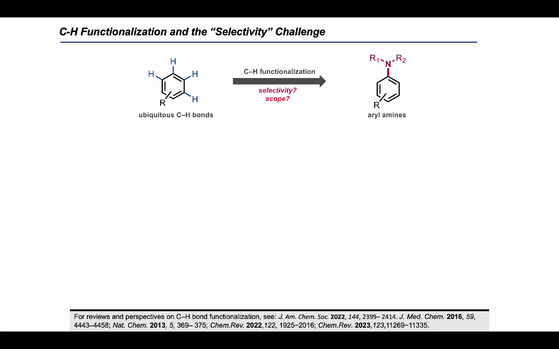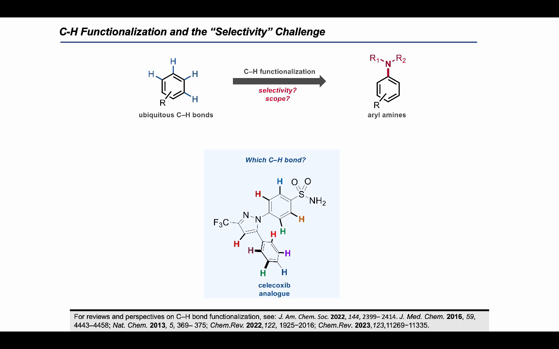The high abundance of carbon-hydrogen bonds in organic molecules is also responsible for an ongoing challenge in carbon-hydrogen functionalization reactions, selectivity. Consider the following example. If a single constitutional isomer of a celecoxib analog is desired, a strategy is needed to distinguish between different carbon-hydrogen bonds and target a single carbon-hydrogen bond.